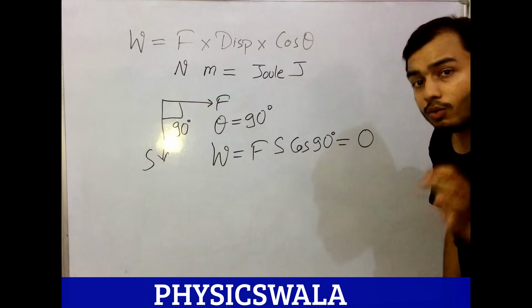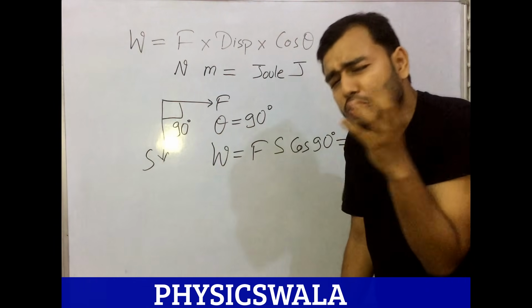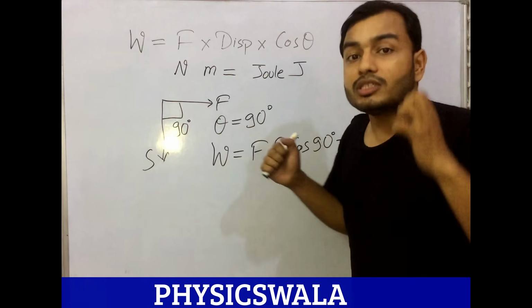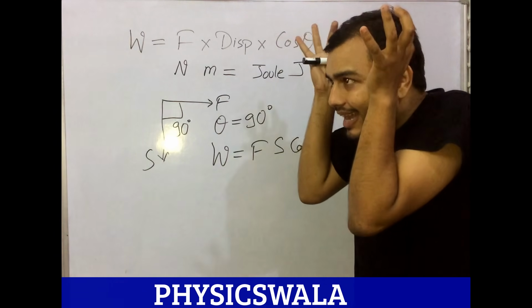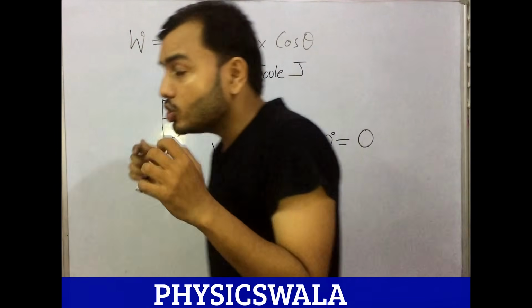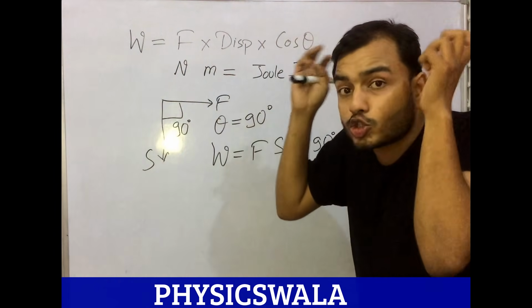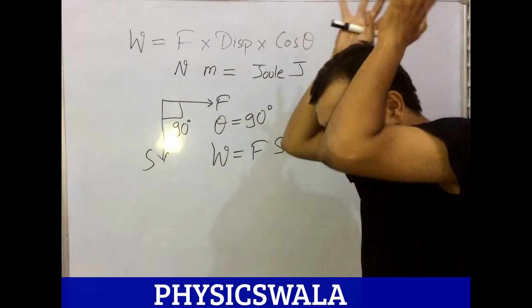So there is a question which always comes in ICSE, just like the sun earth question. It is a very important question. Suppose there is a coolie and he is carrying a load on his head and walking like this. In which direction is the force of gravity acting? Gravity downwards.